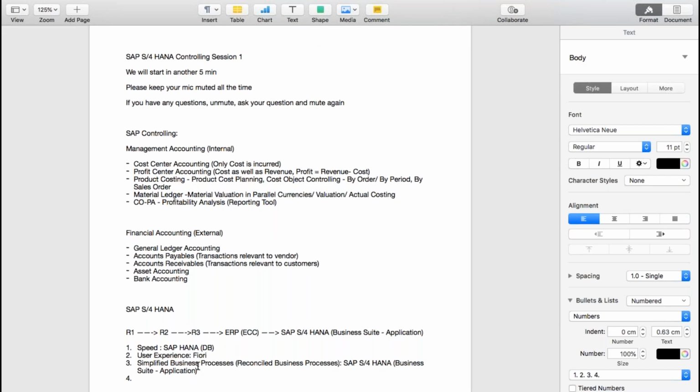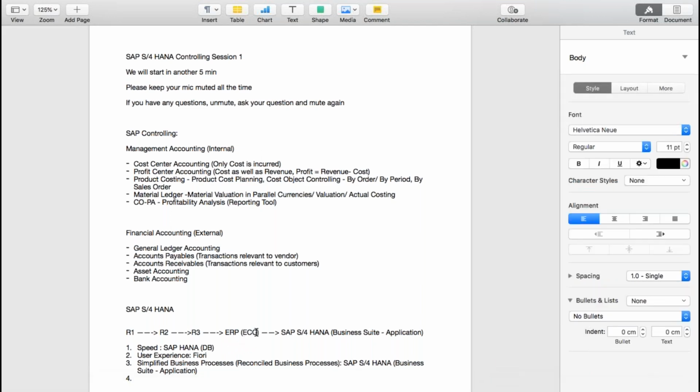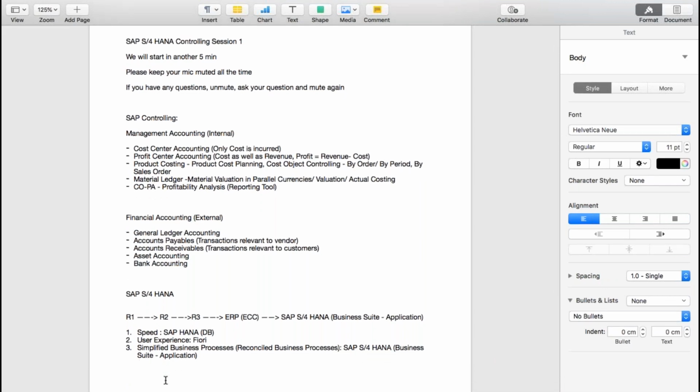If I ask you a simple question, can I use the HANA database in SAP ECC? Yes. Just to clarify, can I use the SAP HANA database along with ECC? Yes. So what would be the name of that product?